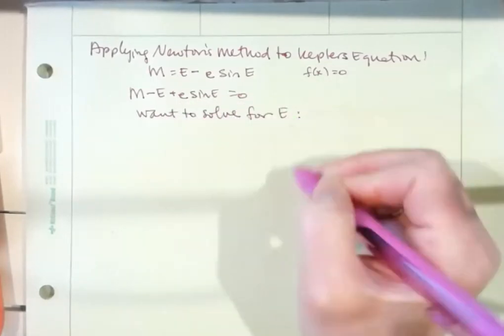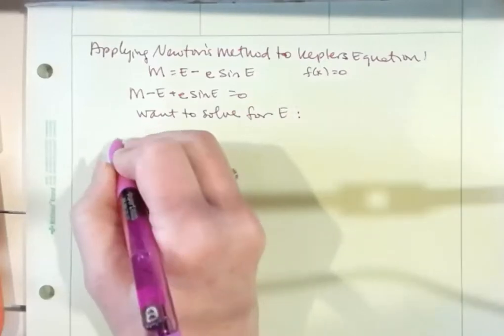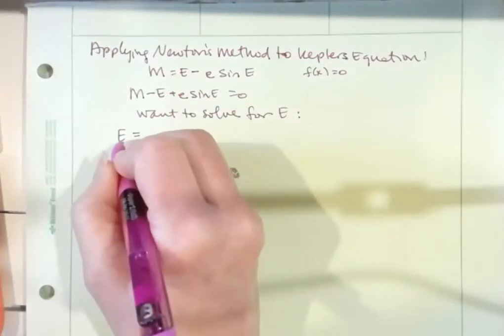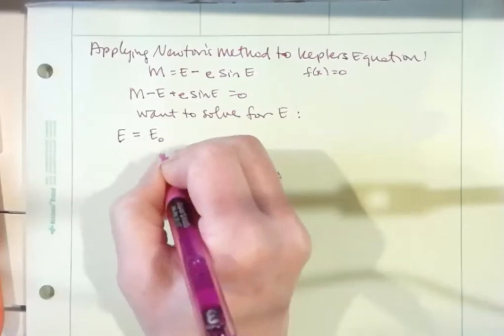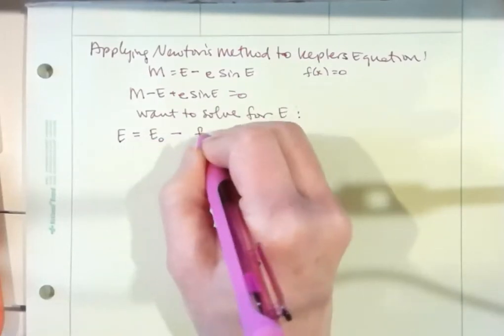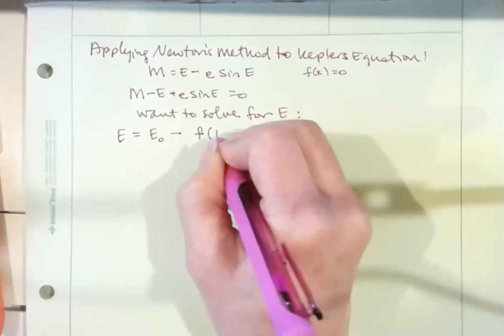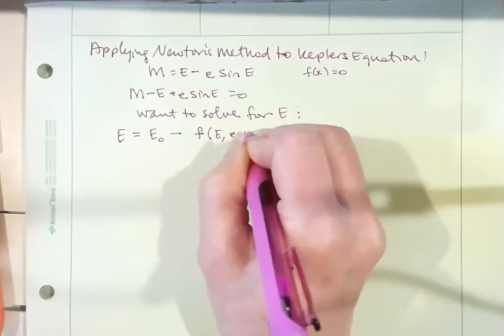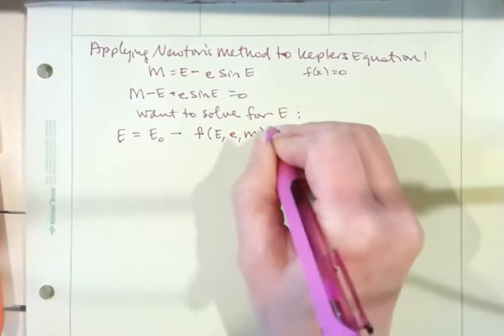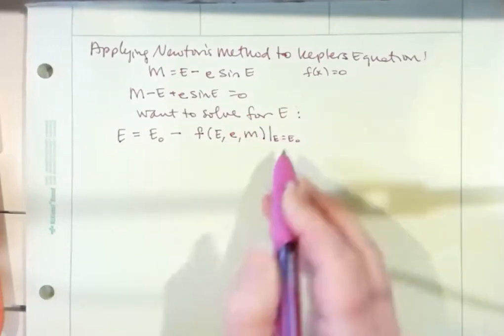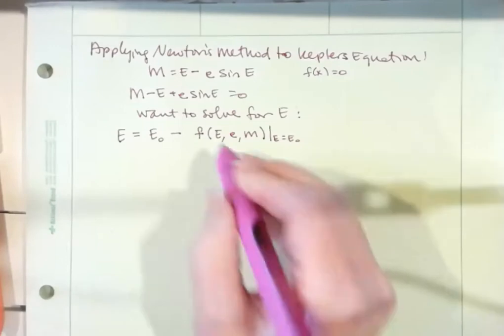Okay. So that means when we look at Newton's method, we can say that eccentric anomaly is going to equal your initial guess of the eccentric anomaly minus your function. Your function is made up of capital E, little e, and M, and capital E is going to equal your initial guess there.